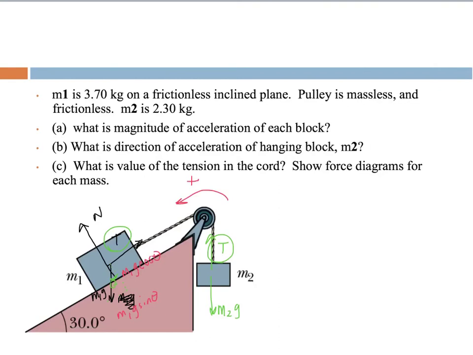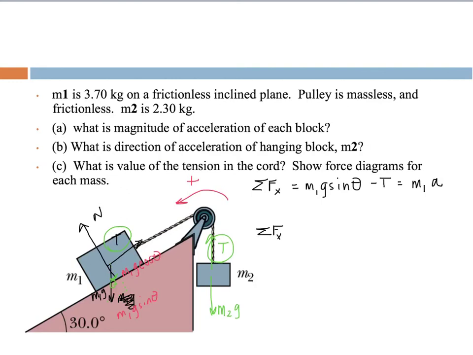So the sum of the forces in the x direction would be, for one object, m1g sine theta, minus tension, again that tension is going opposite the direction that we're saying is positive, and that's equal to mass 1 times acceleration.